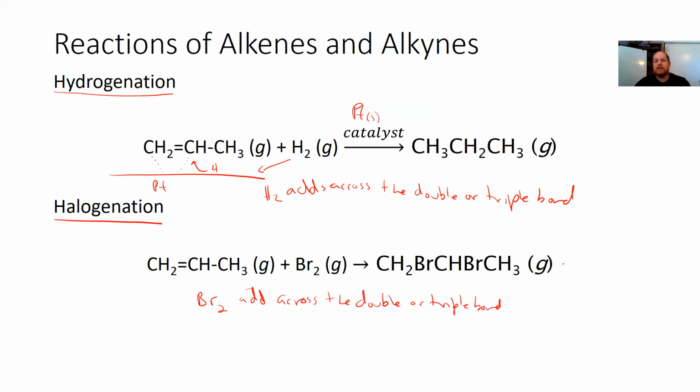Right, so in the case of what we have here, it may actually be easier to visualize the product as having now a bromine there and a bromine there, okay? And so that's the idea with these, what are called addition reactions.